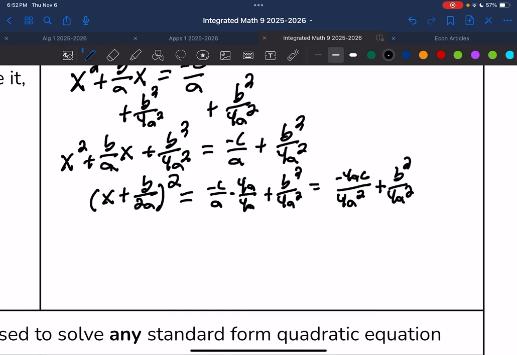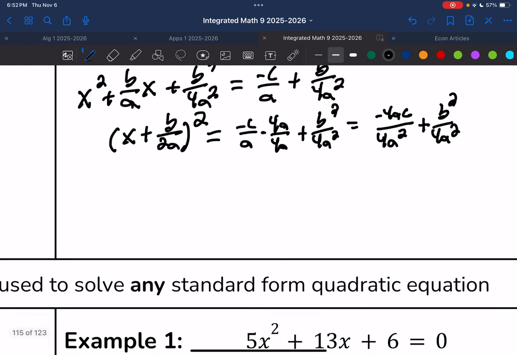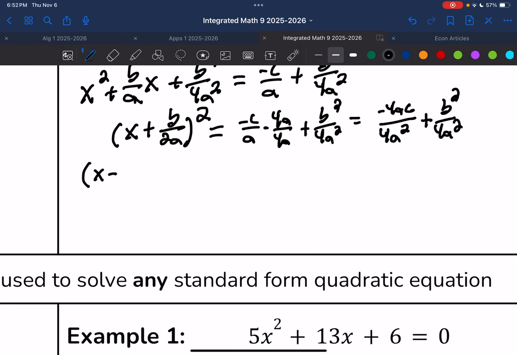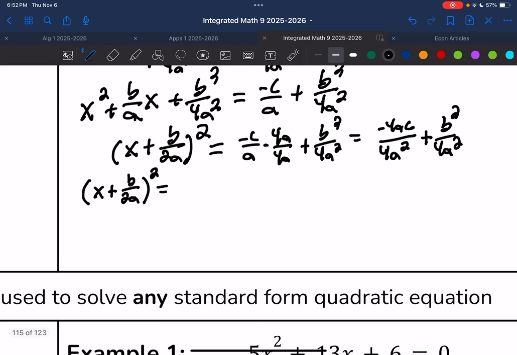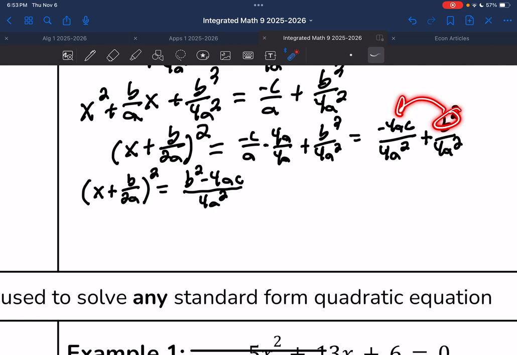So now that we have a common denominator, we can rewrite this whole thing as x plus b over 2a squared equal to b squared minus 4ac all over 4a squared. So you'll notice that I'm just taking that b squared and subtracting that.